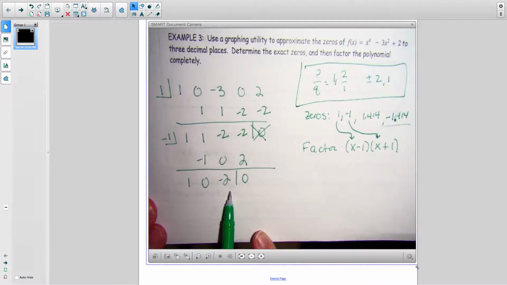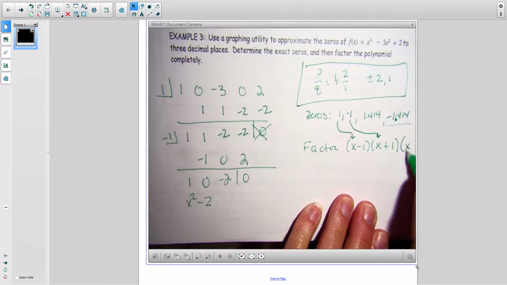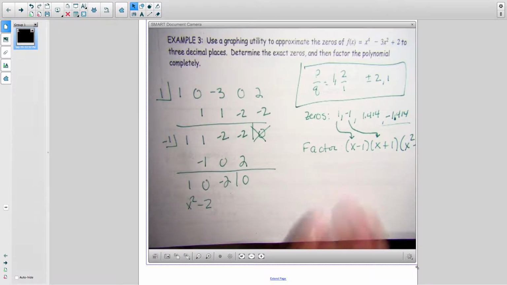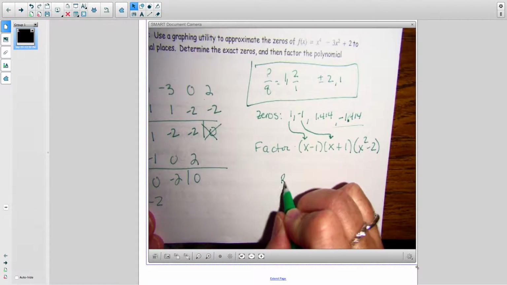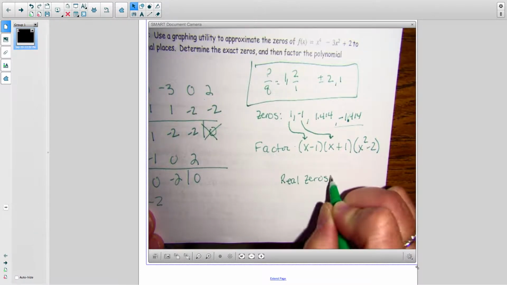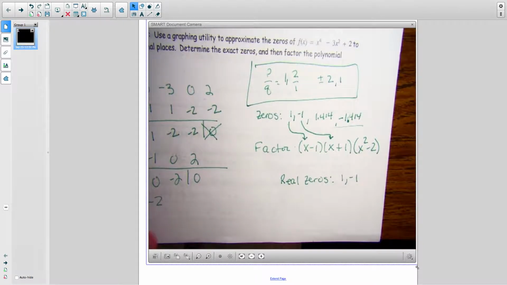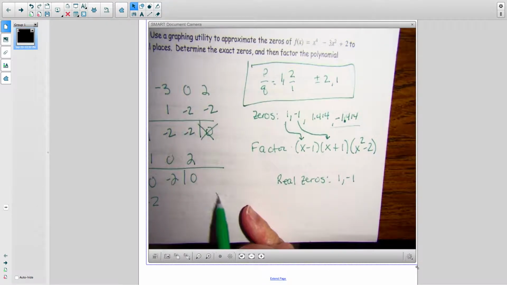So what is this? This is x squared minus 2, right? So that's my next factor. We already know our real zeros are 1 and negative 1. How do I solve x squared minus 2? Set it equal to 0.